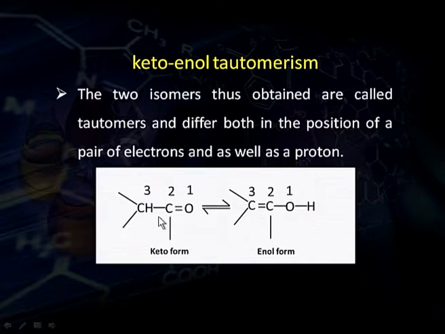In these 3 atoms the electrons shift from oxygen to the bond 2-3, and from the third atom, the polyvalent atom carbon, a proton shifts to the first oxygen and it forms another form known as the enol form, and these two forms remain in dynamic equilibrium with each other. These two structures differ from each other in the position of electrons and the proton. So this isomerism is also known as prototropy.